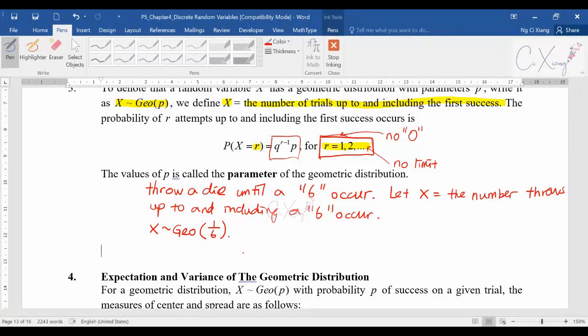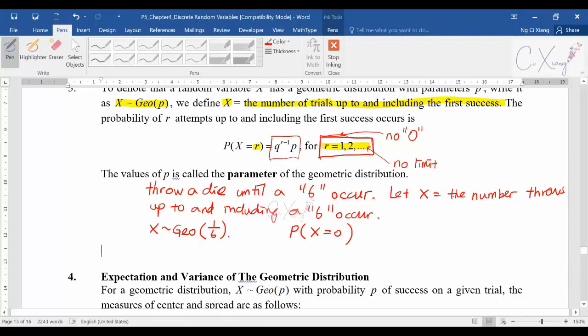So X is the number of throws. Now don't look at the formula, just focus on using common sense to get the answer. If I want the probability X equals 0, will I get an answer? X equals 0 means you didn't throw the die, and you already got a 6.